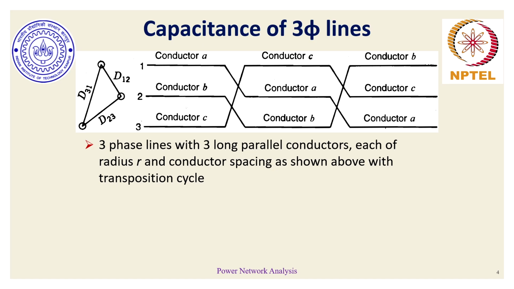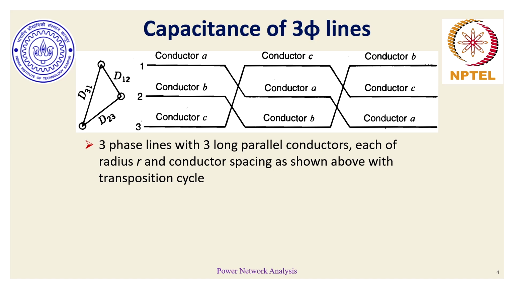We have a three-phase line which is transposed, and transposition is essential, as we discussed in the previous lecture, to bring in an overall balanced effect, because if transposition is not done, because of dissimilar spacing between these three-phase lines, the overall inductance or capacitance would turn out to be unequal for different phases.